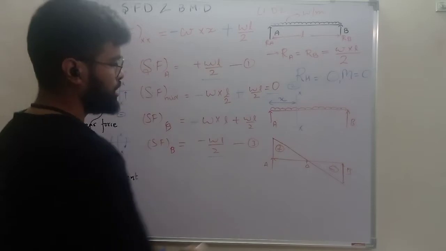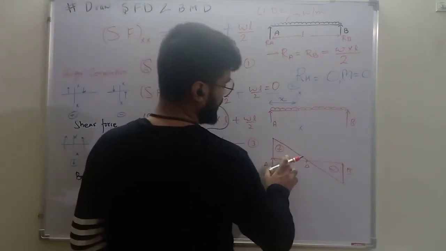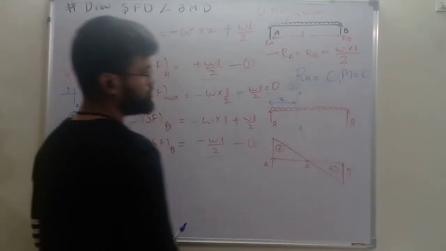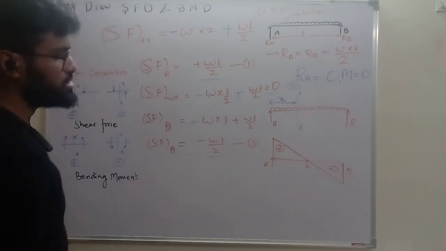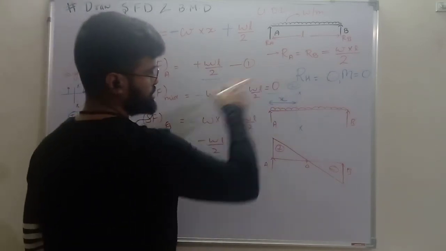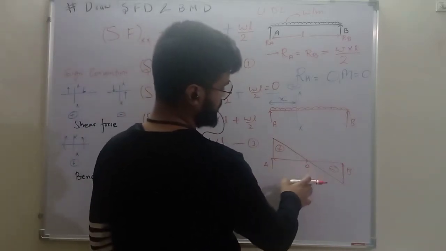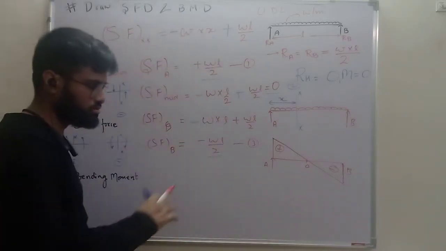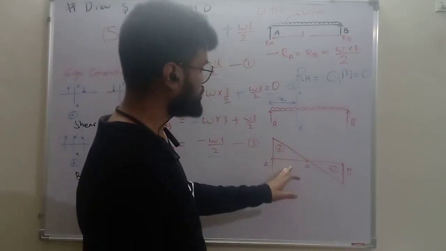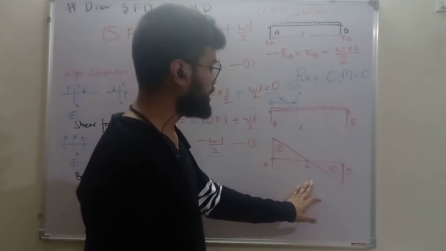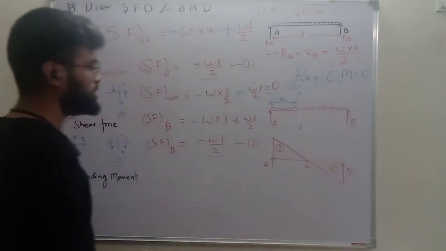From A to O, it will have a positive value, and from O to B, it will have a negative value. So this is the shear force diagram for this UDL problem, and we have got two similar triangles, positive from A to O and then negative from O to B. So this is the shear force diagram.